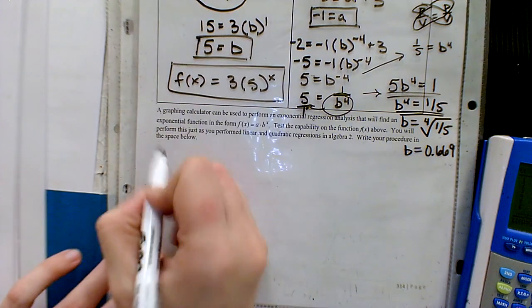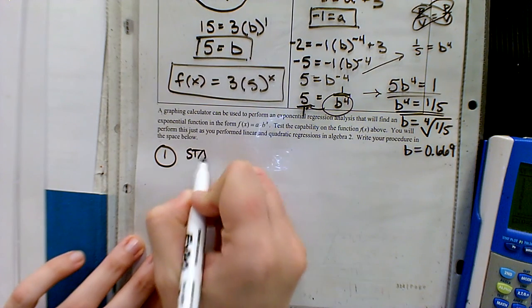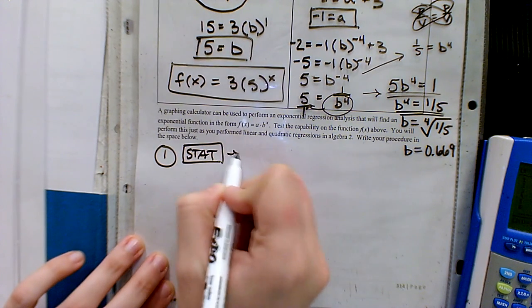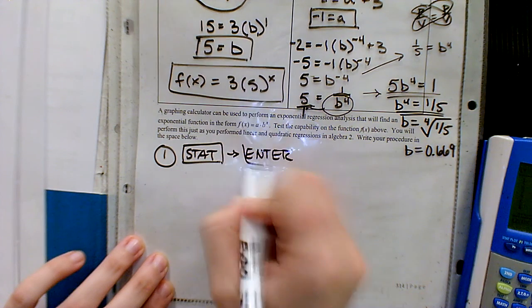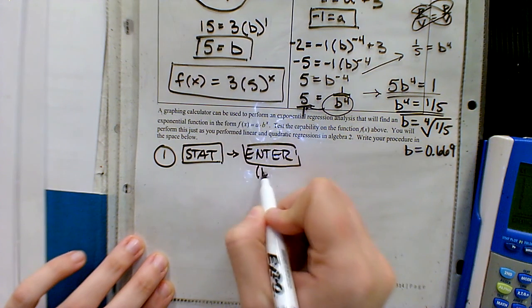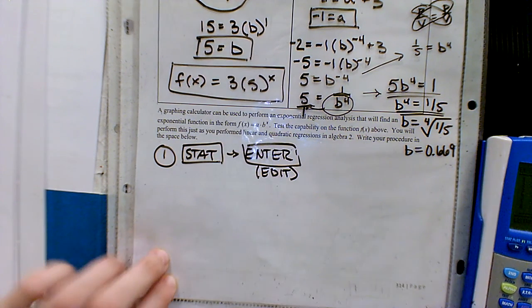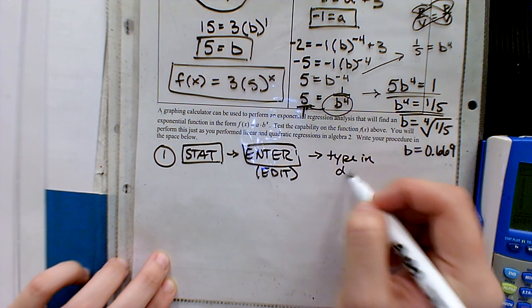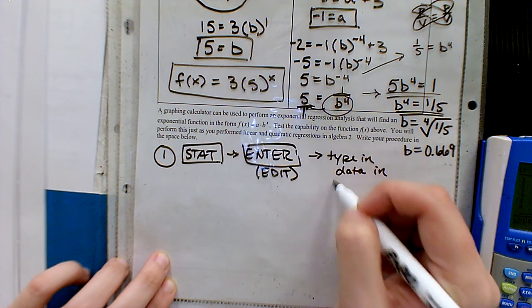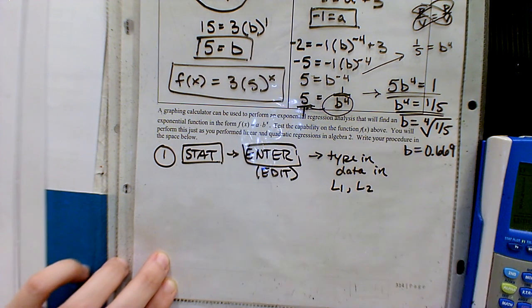Maybe in the meantime, we'll write this down. We're going to hit the stat button, then hit the enter button to select the edit option, and we'll type in data in L1 and L2.